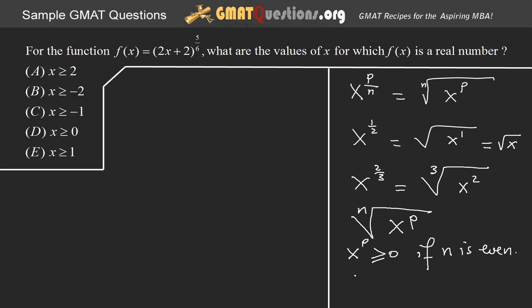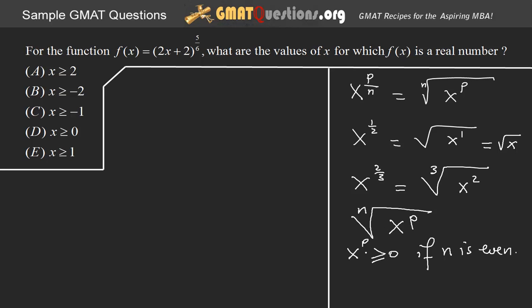If n is even, for example a square root, a fourth root, a sixth root, and so on, what is inside the radical has to be greater or equal to 0. It cannot be a negative number if n is even. For n odd, there is no such rule. If n is odd, you can have a negative inside.